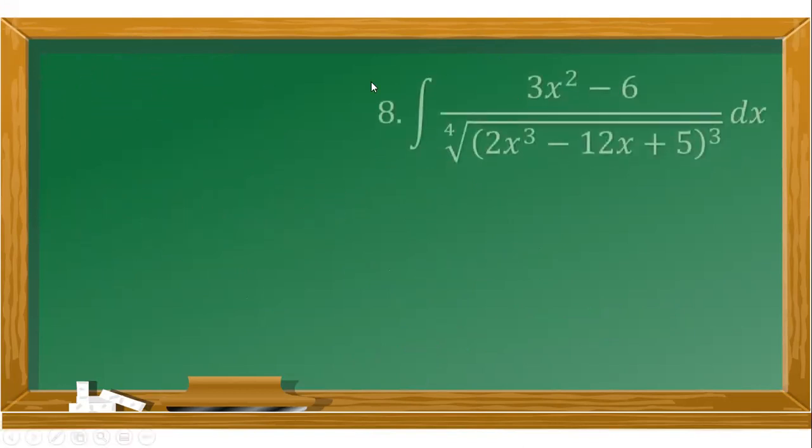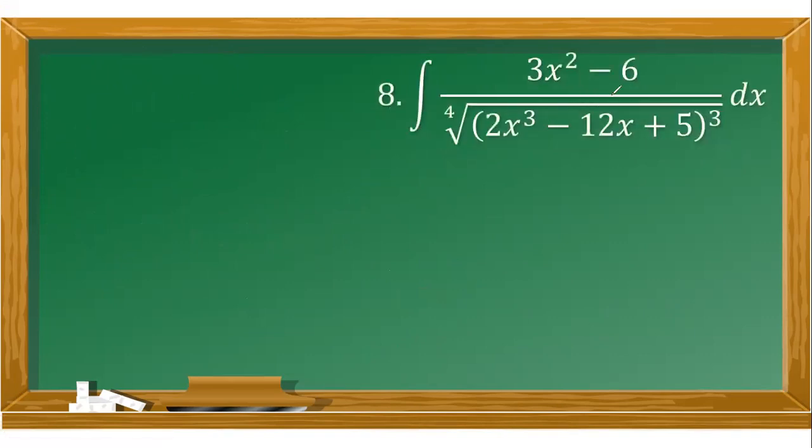Let's have number 8. So 3x squared minus 6 all over the 4th root of 2x cubed minus 12x plus 5 raised to 3 dx. Okay? So again, we know that what we will let be u is inside the radical. So we won't include the 3 yet.